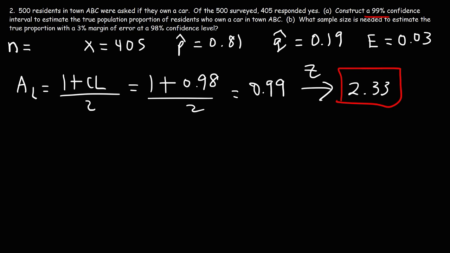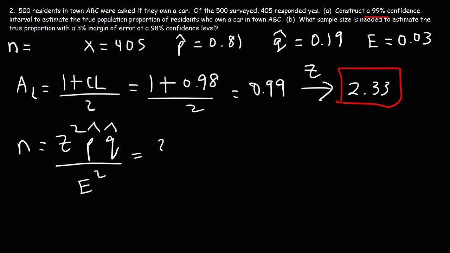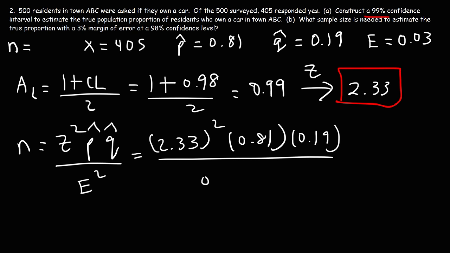Now that we have the z-value, we can use this formula to calculate the sample size. It's z squared times p hat times q hat, divided by e squared. So z is 2.33, p hat is 0.81, q hat is 0.19, and the margin of error is 0.03.